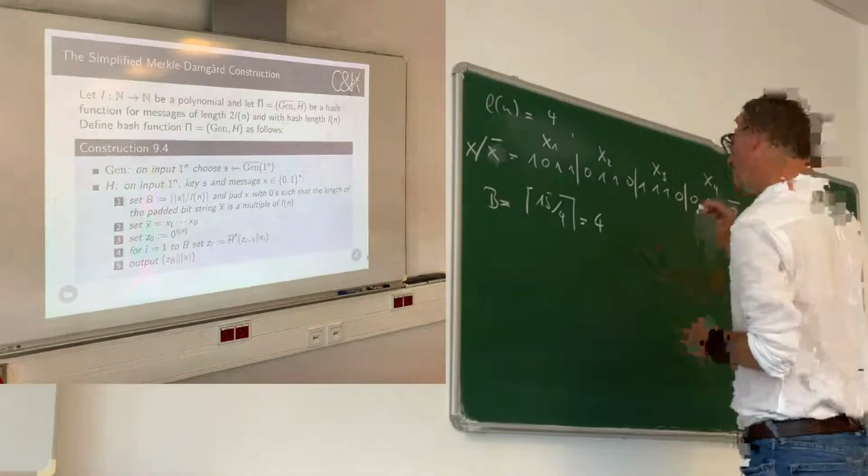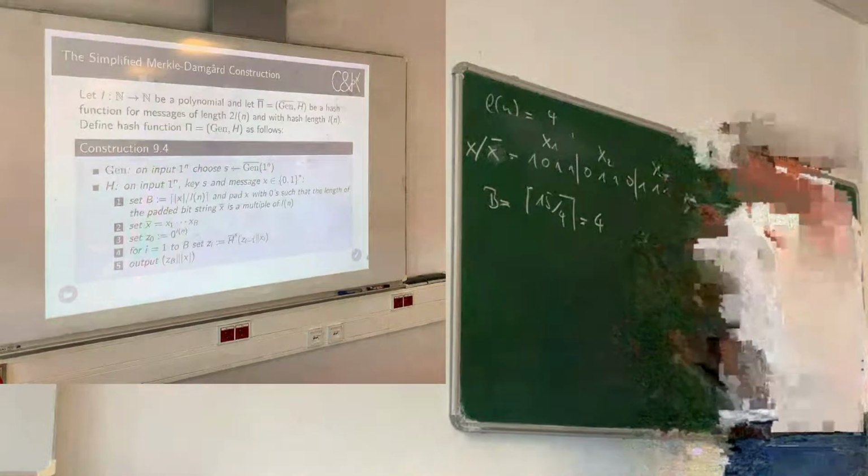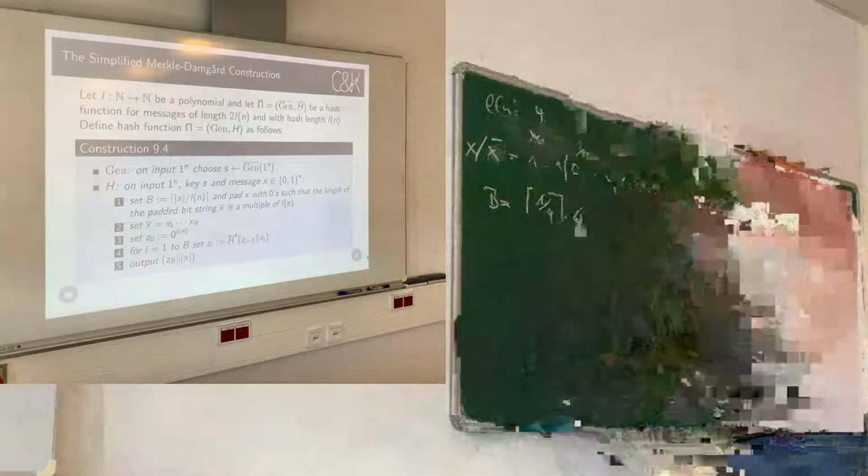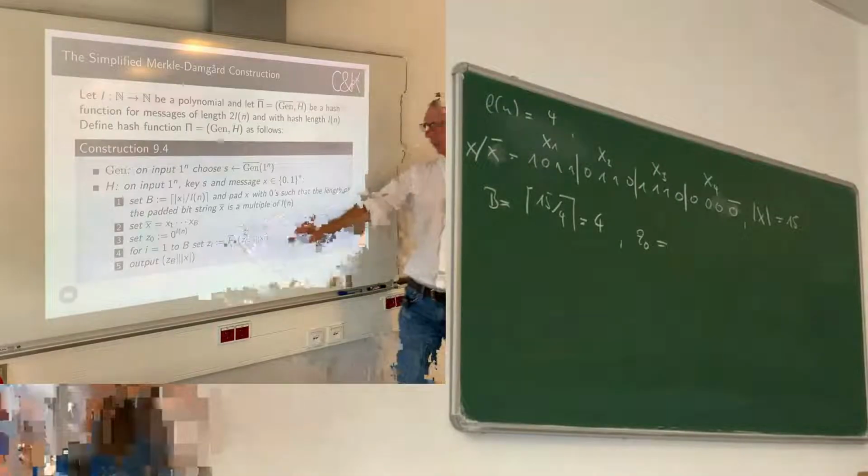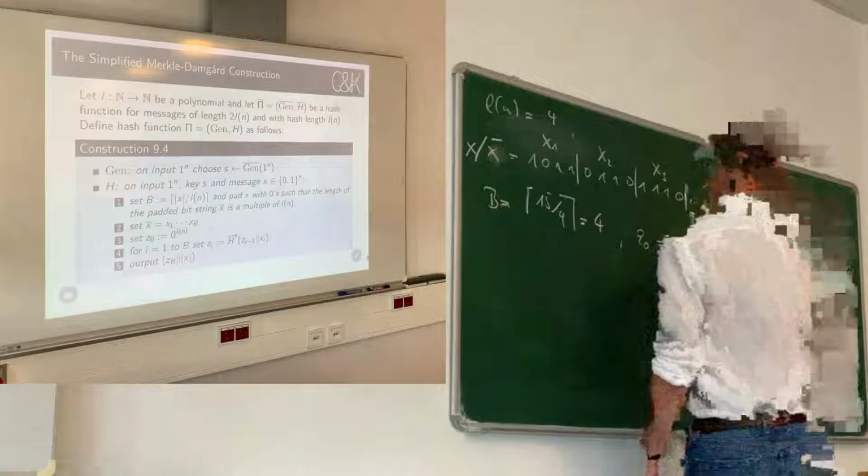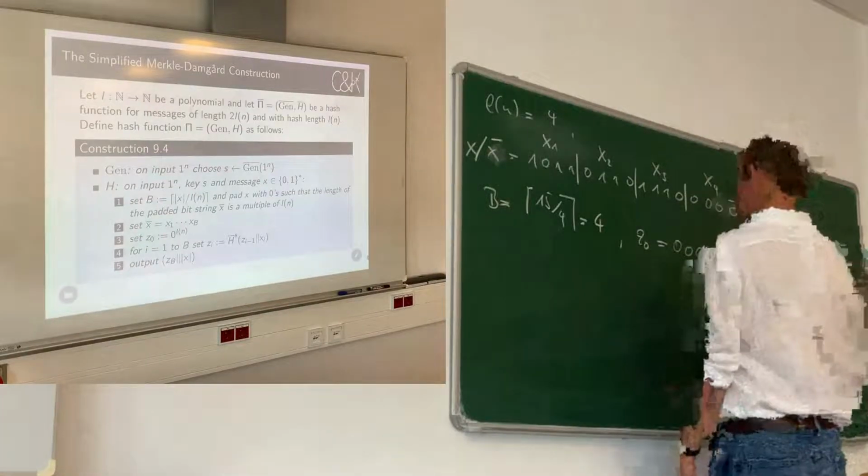And then I have Z0, which is a bit string of L of n zeros: 0, 0, 0, 0.